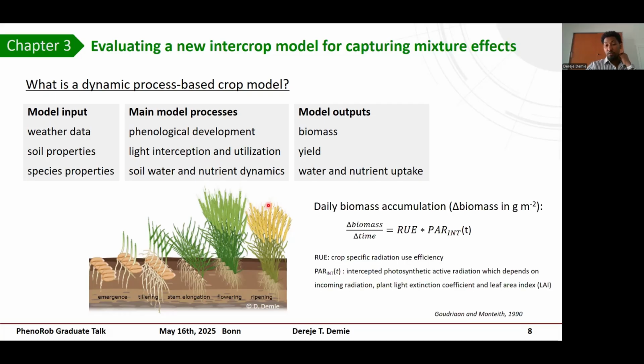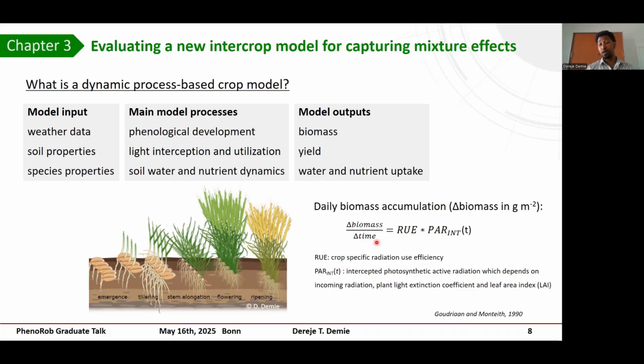For example, this is a simple way to model or simulate daily biomass accumulation. Biomass over time is a function of radiation use efficiency, which is specific to crops, multiplied by the amount of intercepted radiation, which further depends on the total incoming radiation, the plant light extinction coefficient, and the leaf area index.